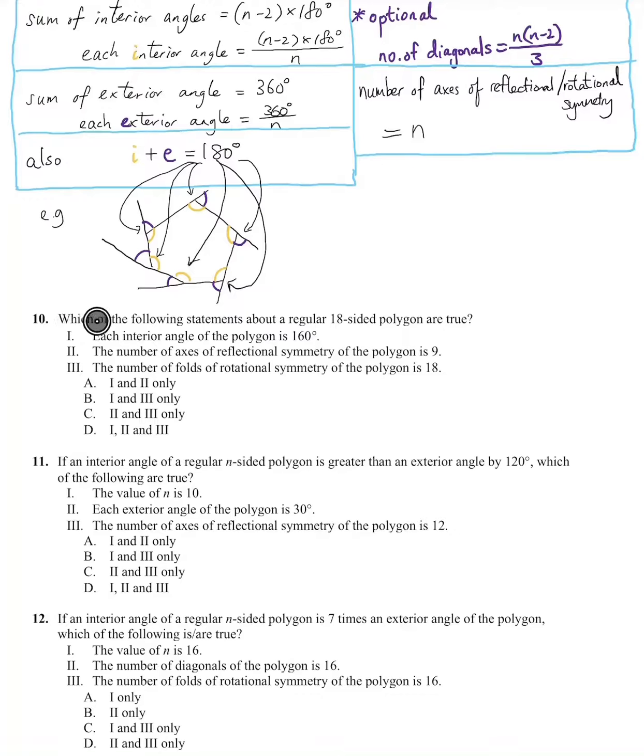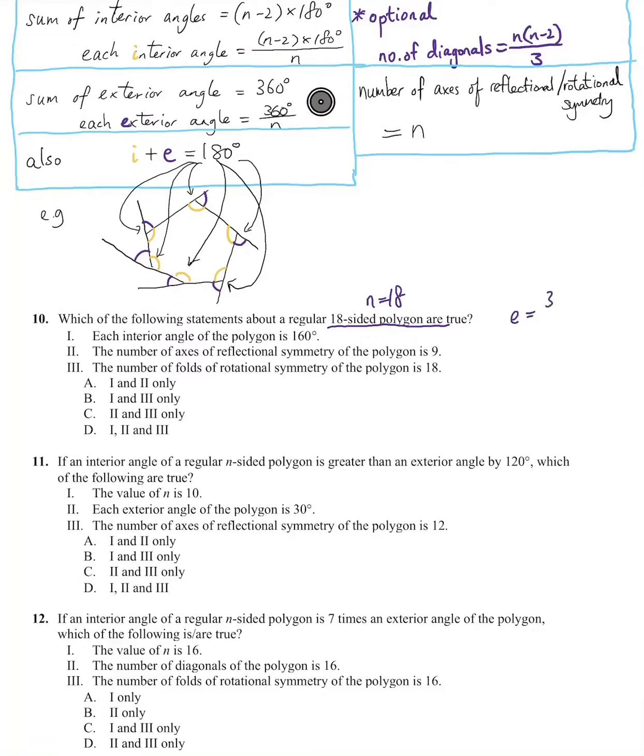It says, which of the following statements about a regular 18-sided polygon is true? Because I have the 18-sided polygon, n is 18. I can use the sum of interior angles or the sum of exterior angles, but the exterior angle formula is much easier to use. So let's find E instead.